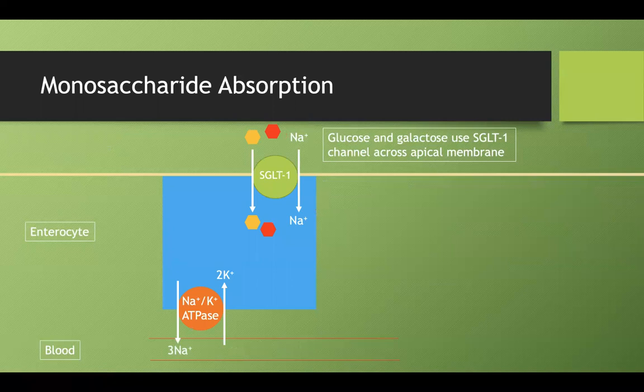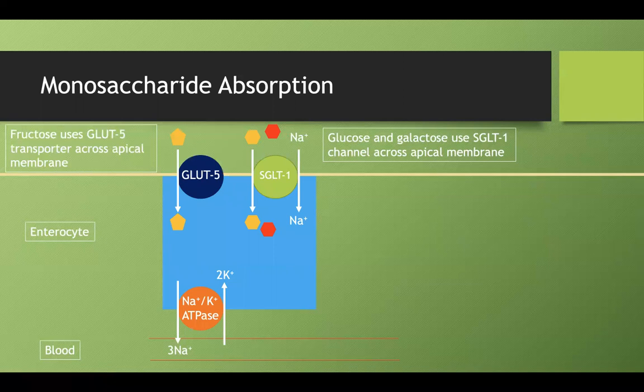So glucose and galactose follow this pathway. Fructose follows a little bit of a different pathway. Remember, fructose is kind of our pentagon home base shaped monomer that has 5 sides. So I always remember fructose is 5. And that's a good way to remember that you have a GLUT5 transporter that brings fructose in.